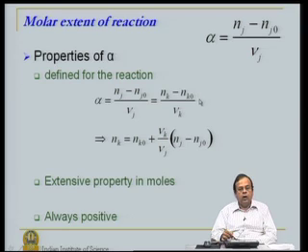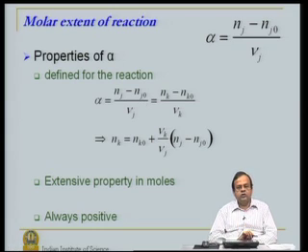Going back to this extent of reaction, notice that at the start of this reaction N j is the same as N j 0, and as you would expect, the reaction has not progressed, which means alpha is 0 at the beginning of the reaction. As the reaction proceeds, N j is different from N j 0. Let us say that species J that we are looking at is carbon monoxide, a reactant.